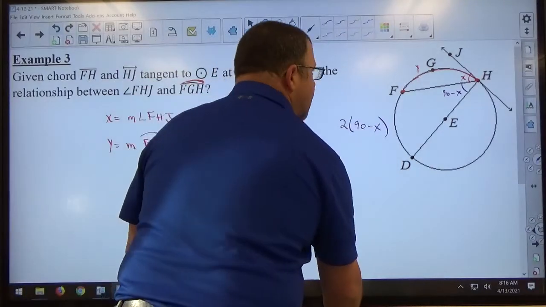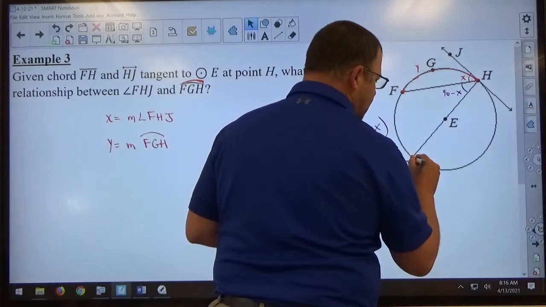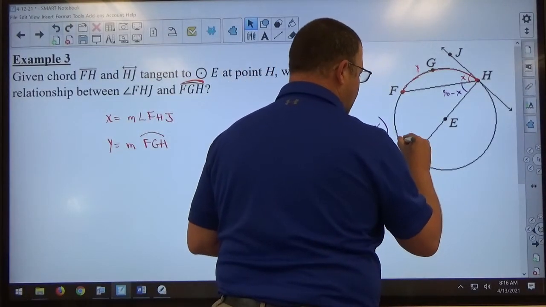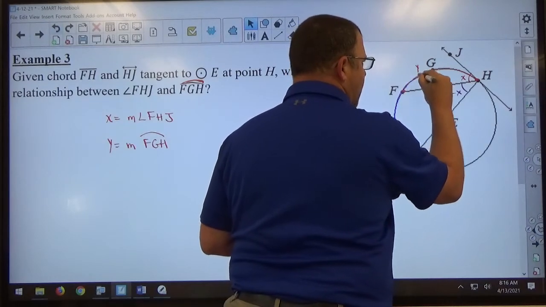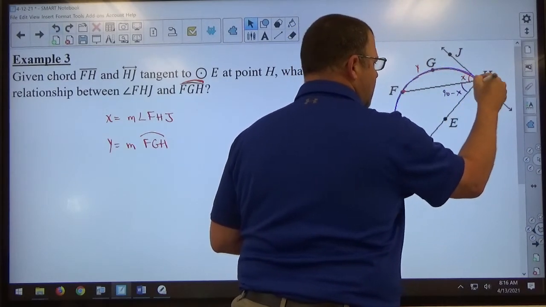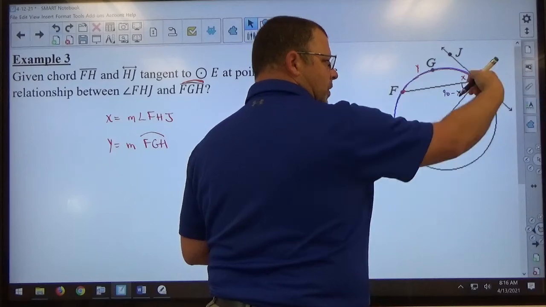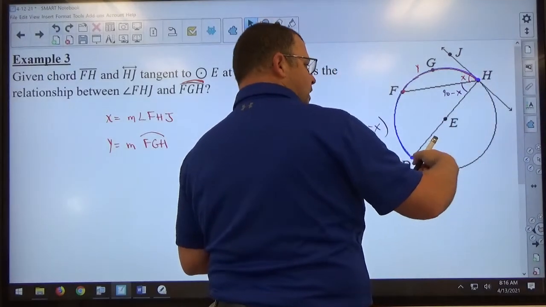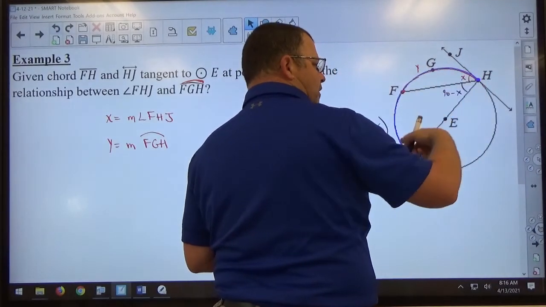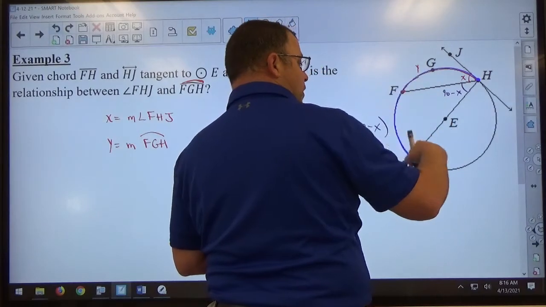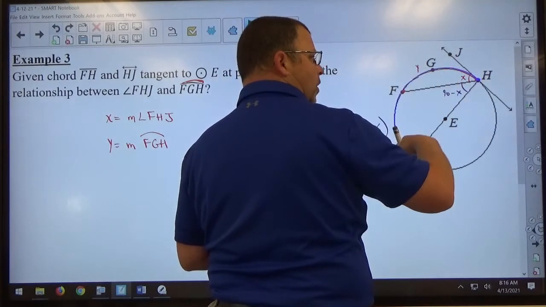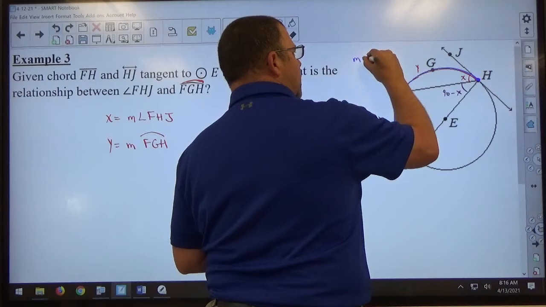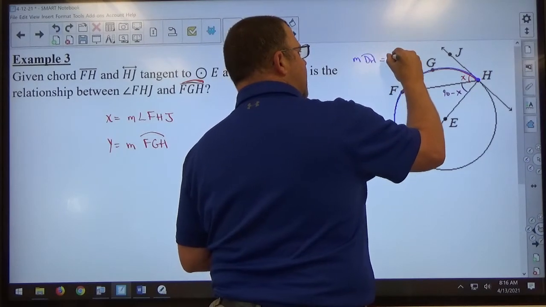Now, if I start at D and walk around the circle all the way to H, since segment DH is a diameter, arc DH is half a circle, or a semicircle. So the entire measure of arc DH is going to be 180 degrees.